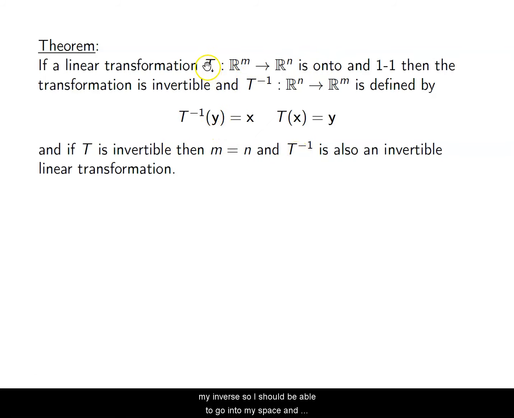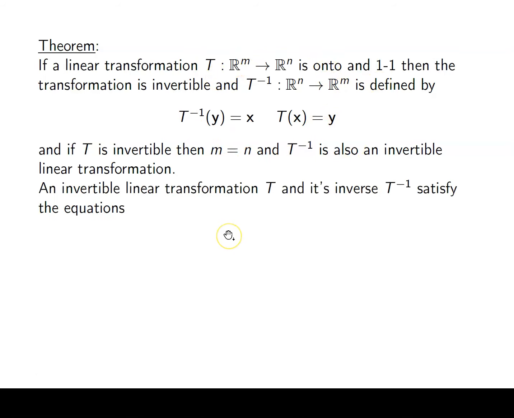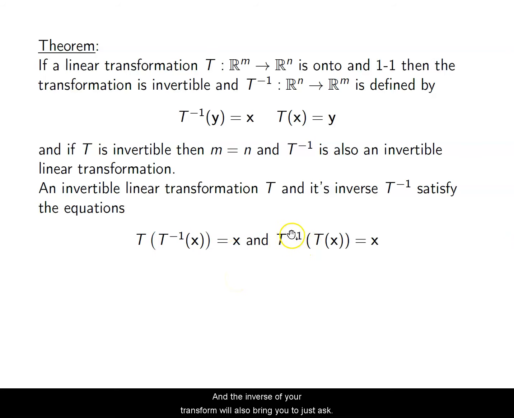So I should be able to go into my space and go back and then go back again, right? So an invertible linear transformation T and its inverse, T inverse, satisfy the following equations. Okay, the transformation of the inverse transform will bring you to just x. Okay, your starting point. And the inverse of your transform will also bring you to just x.